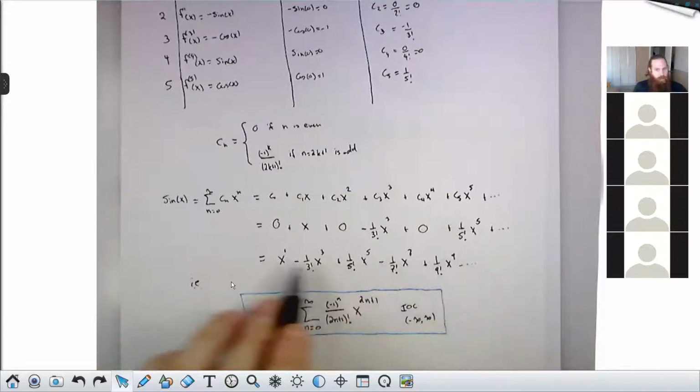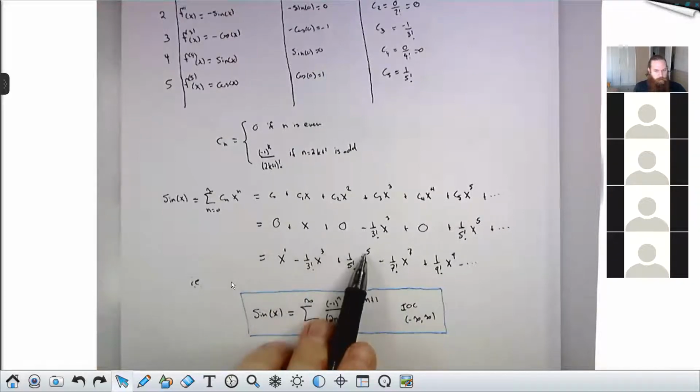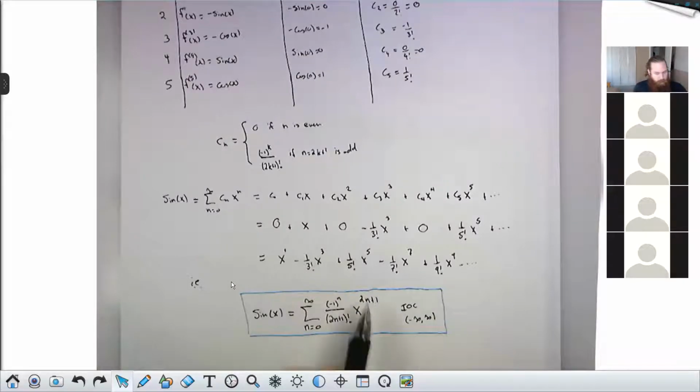These are only odd powers of x that are showing up, right? So this is 2 times 0 plus 1, 2 times 1 plus 1, 2 times 2 plus 1. Your generic odd number is always in the form 2n plus 1. I see, thanks. Yeah, odd numbers are always one more than an even number, right? So 2n is your even number, and then plus 1.